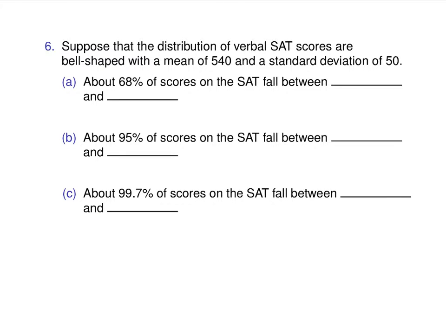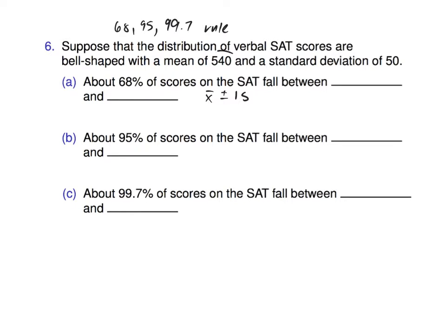Okay. Another thing we have in this first unit was talking about what's called the 68, 95, and 99.7 rule. And so 68% of people fall within how many standard deviations? 1. Yep. So x bar plus or minus 1 standard deviation.